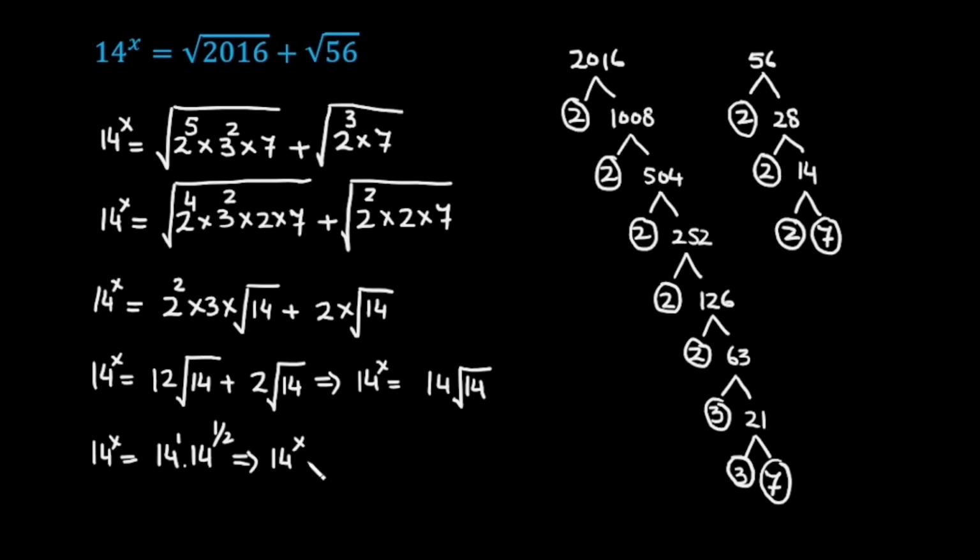the power x equal to, bases are same, so you can add the powers. So this is 14 raised to the power 1 plus 1 over 2, because we know the property of the exponent. x raised to the power a times x raised to the power b can be written as x raised to the power a plus b.